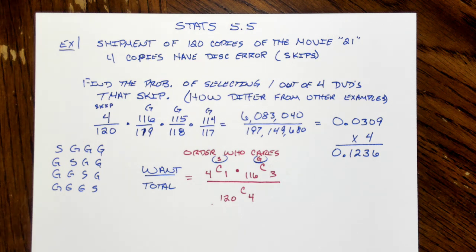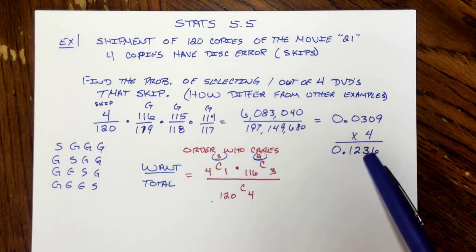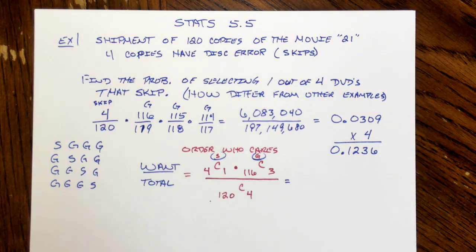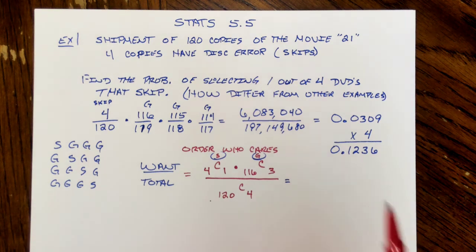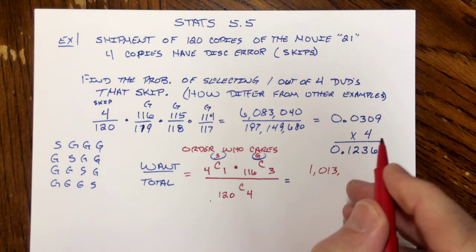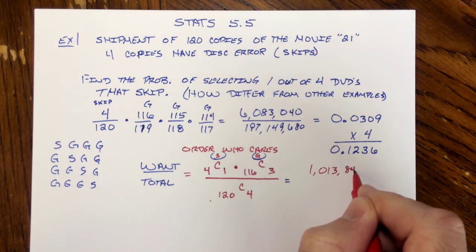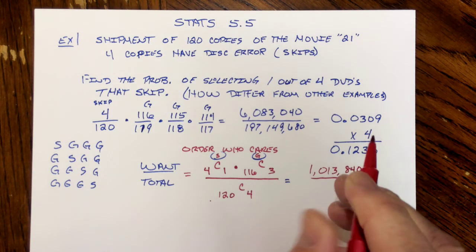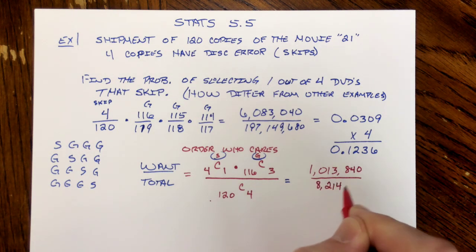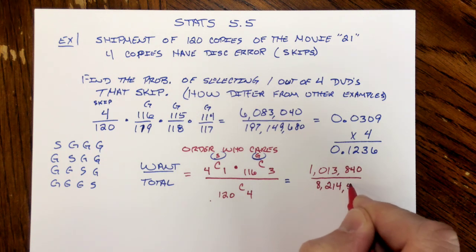So as we look at this setup, what's this setup help produce? Well, instead of having to get our sample space and multiply by 4, you'll see this. Sorry. We get 1,013,840 divided by 8,214,570.